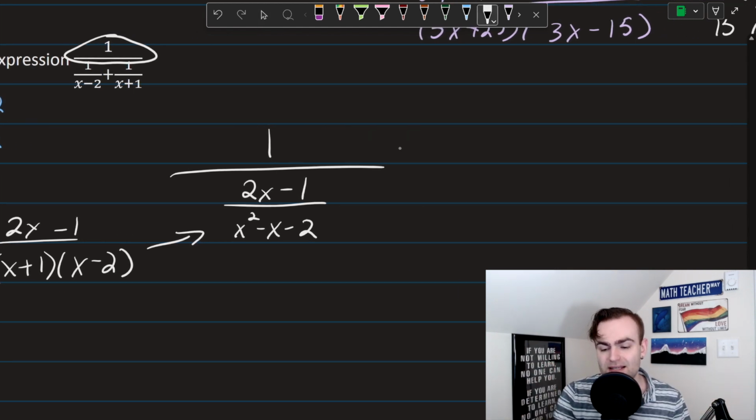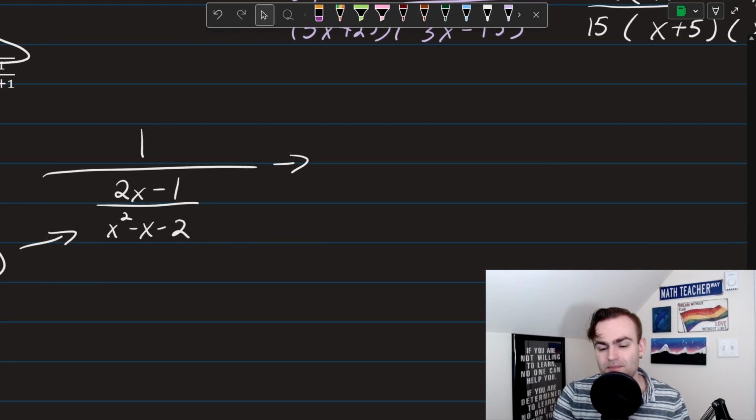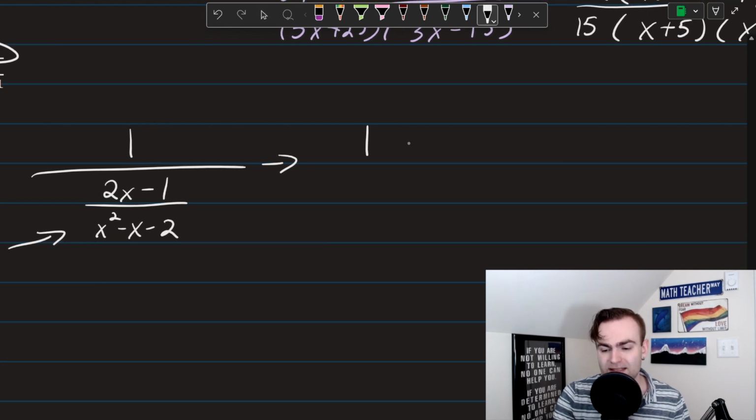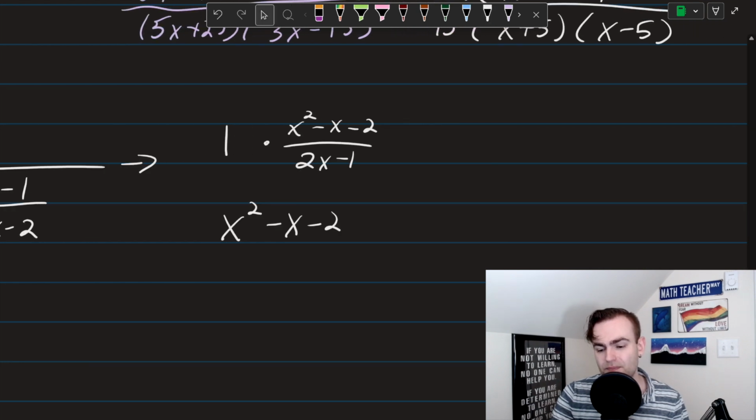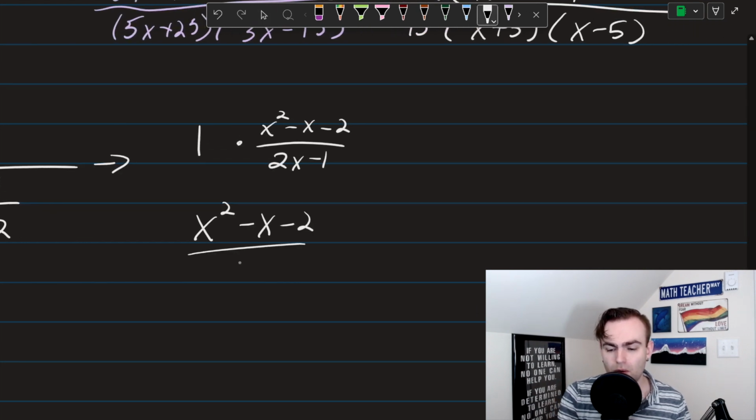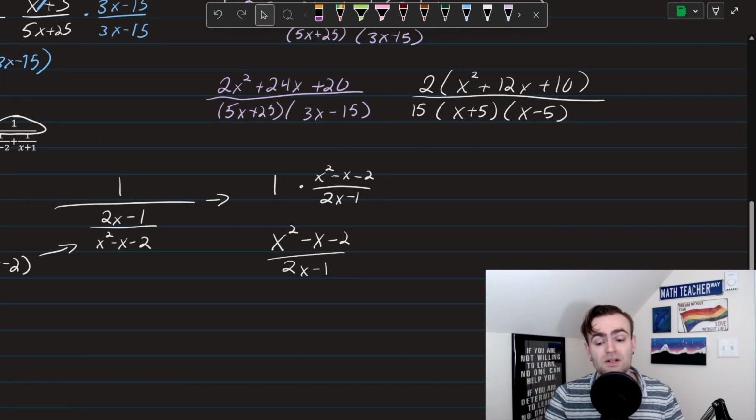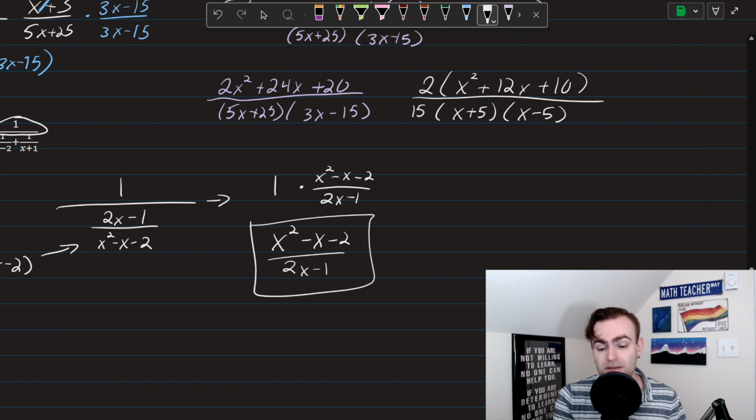So this is the exact same as 1 times x squared minus x minus 2 over 2x minus 1, which gives us x squared minus x minus 2 over 2x minus 1. There's no simplification that we can do from there, so that is our final answer.